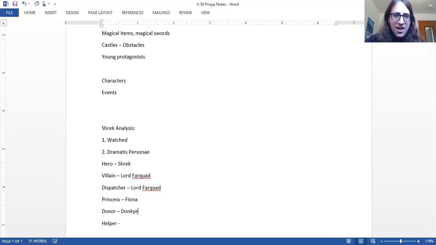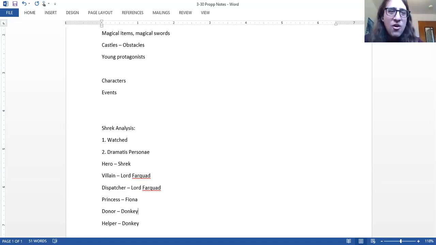My initial instinct is to make him a helper, because most of what he does is things like transport Shrek with the help of the dragon, and that's a very helper thing to do, is transport. He also sort of motivates Shrek and helps him at various points along his journey. That's a very helper thing to do.